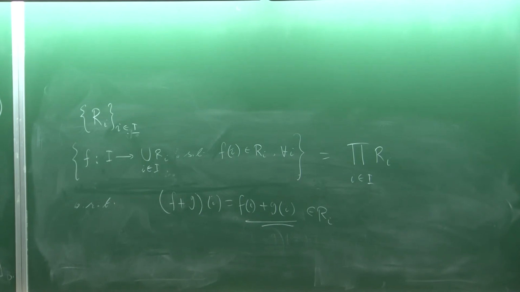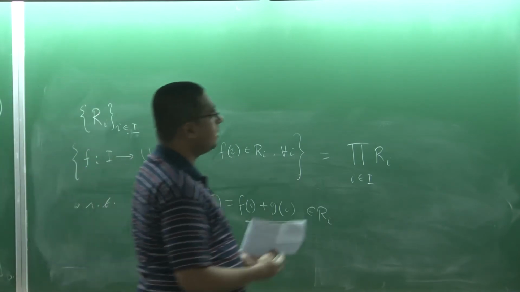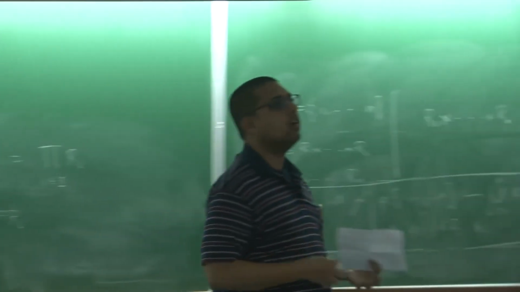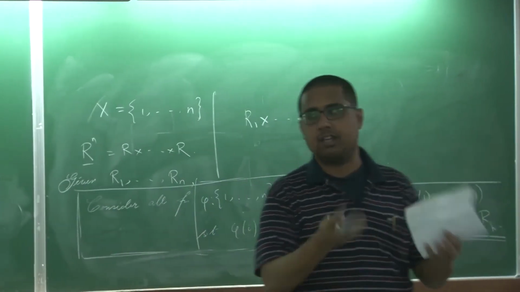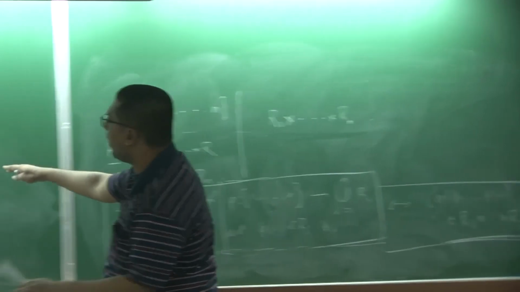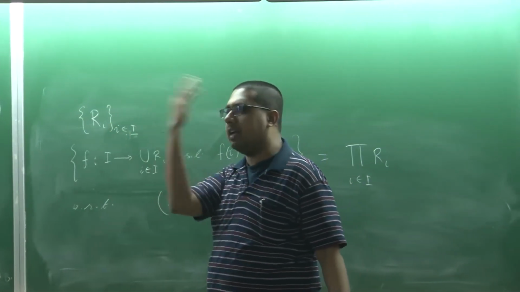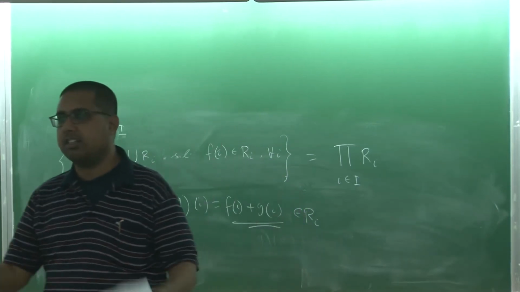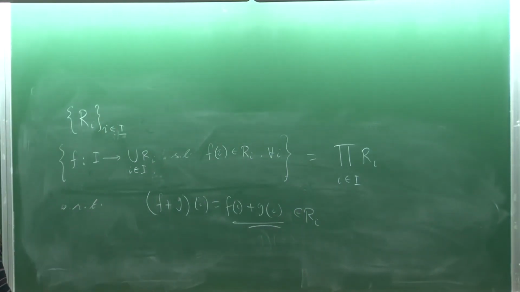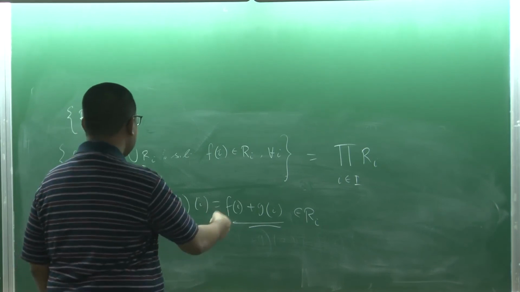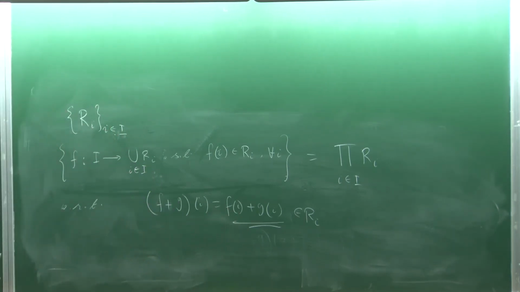So now we see that for any given collection of rings we can consider the product of this family, okay. The product is, again let me remind you, nothing but the set which is the Cartesian product, and the operations addition and multiplication are just the pointwise ones.